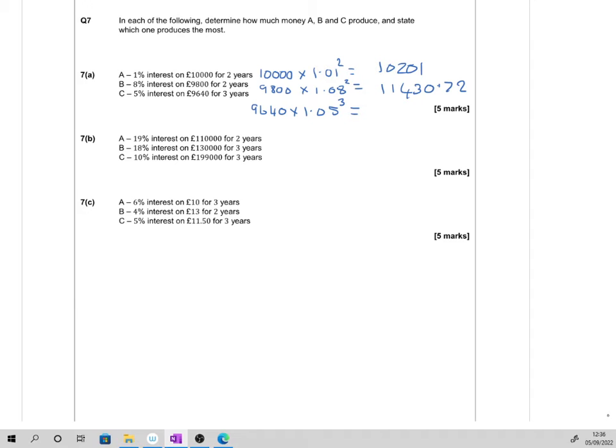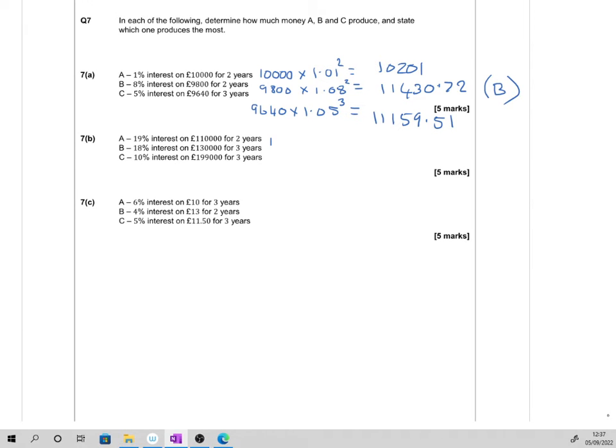And this one is 9,640 times 1.05 cubed, which is 11,159.51. So, who produces the most? This one, B.